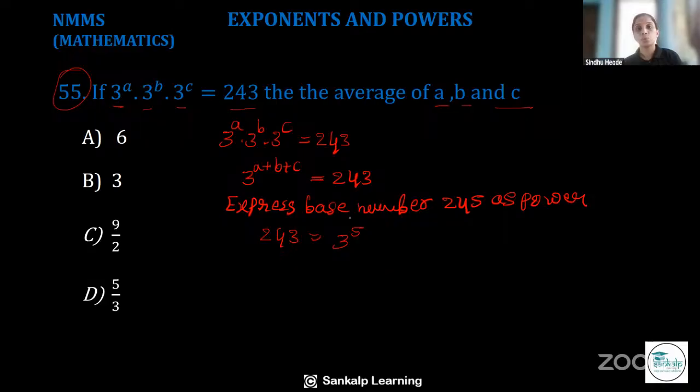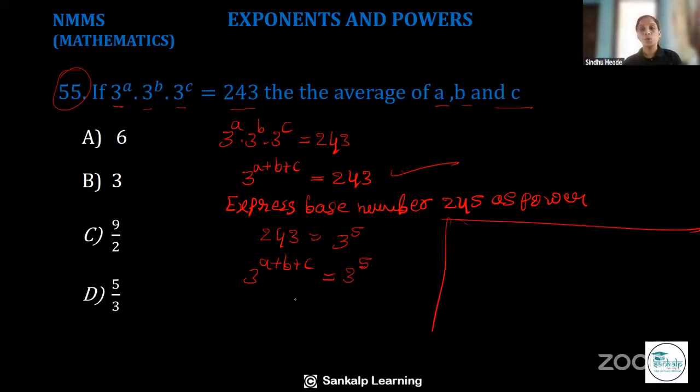So in place of 243, we take 3 raised to 5. Now the expression becomes 3 raised to a plus b plus c is equal to 3 raised to 5.